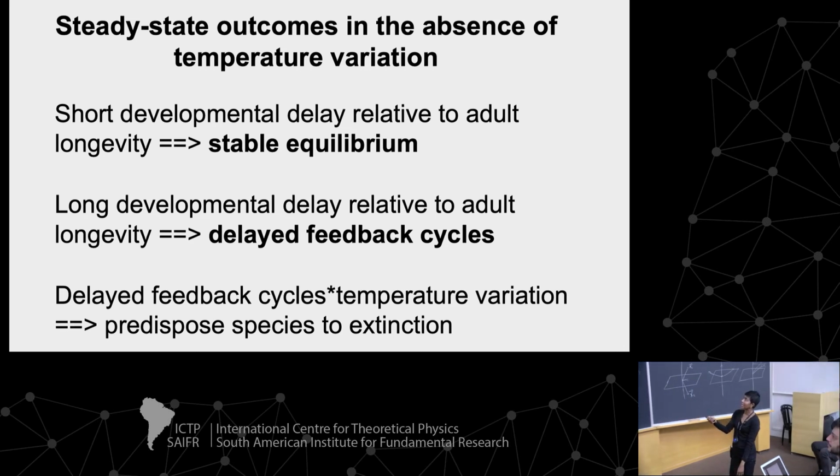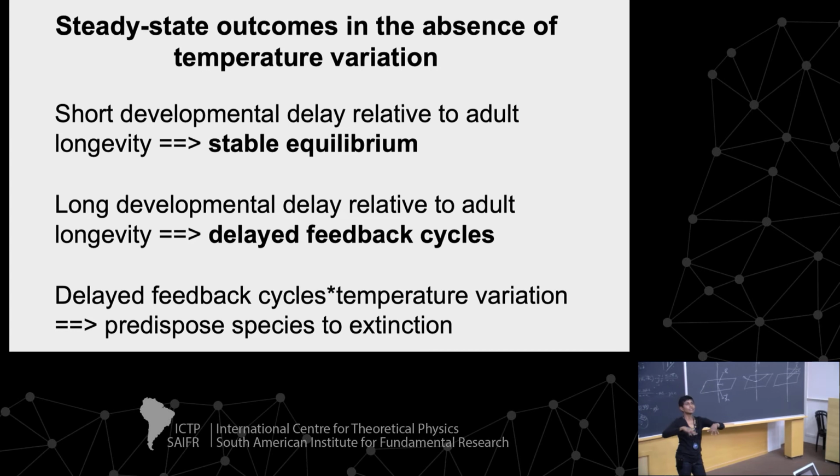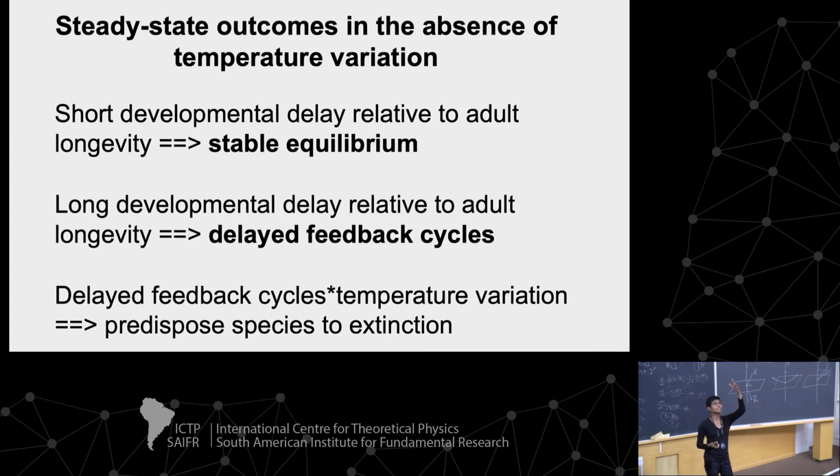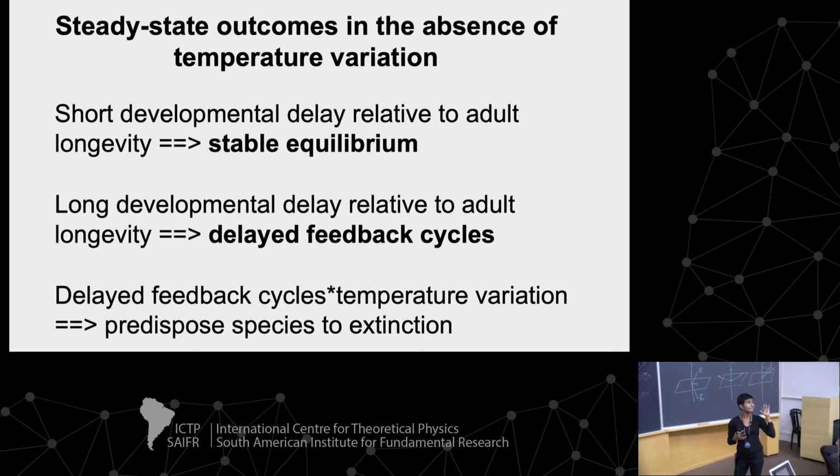Now the thing is, the interaction between these intrinsically generated delayed feedback cycles and temperature variation can increase the fluctuations, this added nonlinearity, almost like a stochastic resonance, except you have no stochasticity, and can predispose these species to extinction.